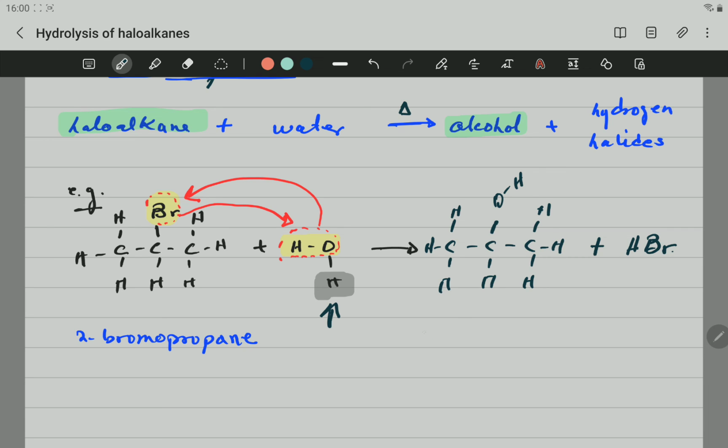This is going to be propan-2-ol. That is the alcohol.